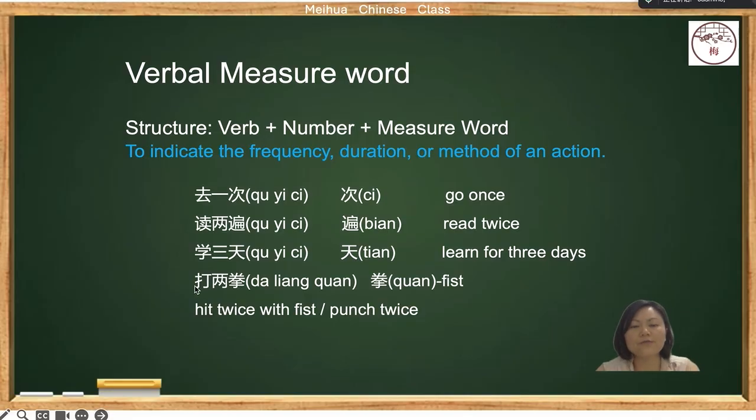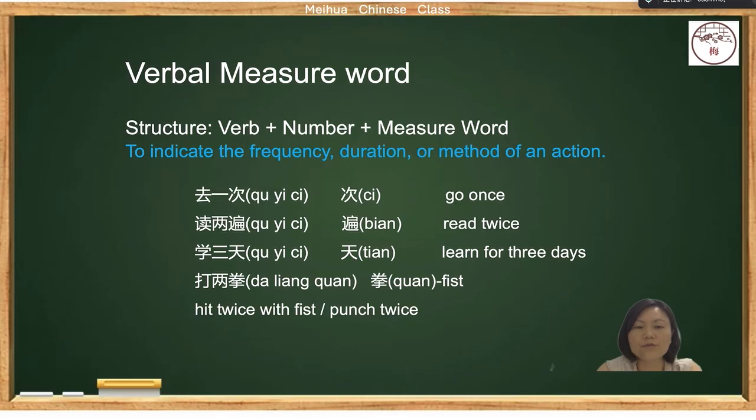Actually, the meaning of this expression in Chinese is hit someone using the fist two times. Hit twice with fist. Or more natively, we have a corresponding English word for this, right? Punch. Punch means to hit using your fist. Punch twice.